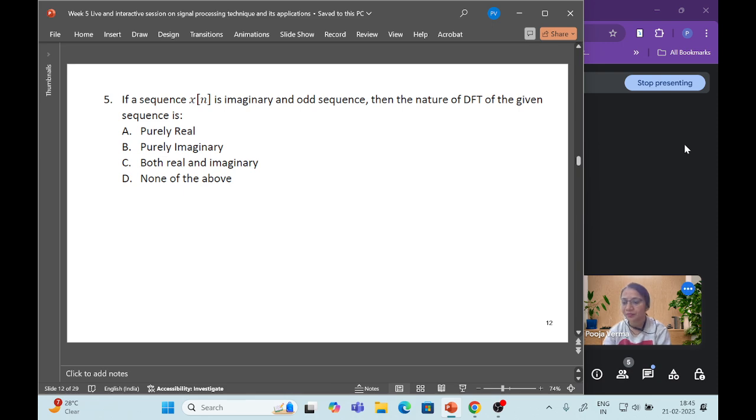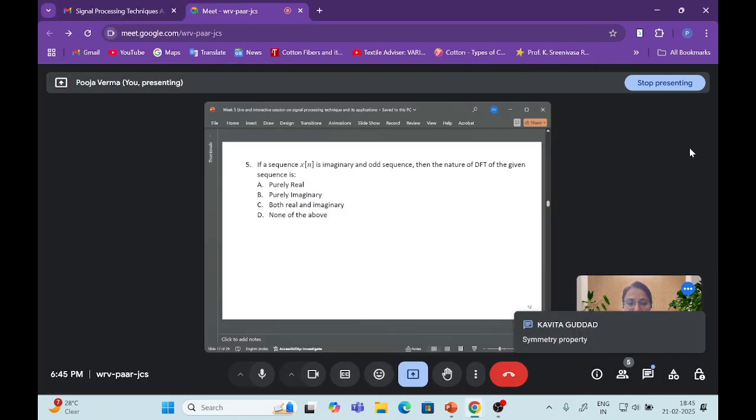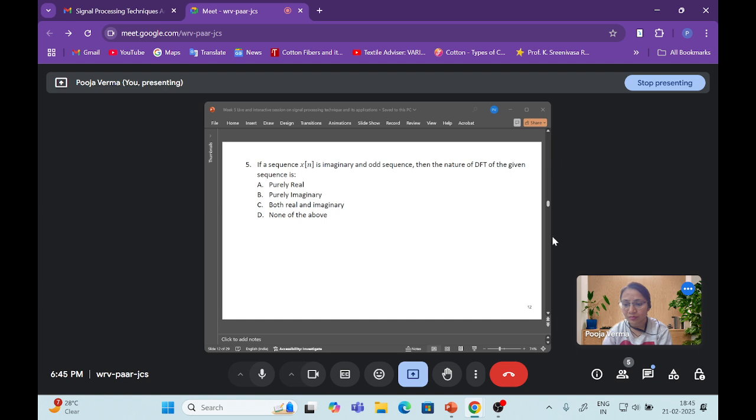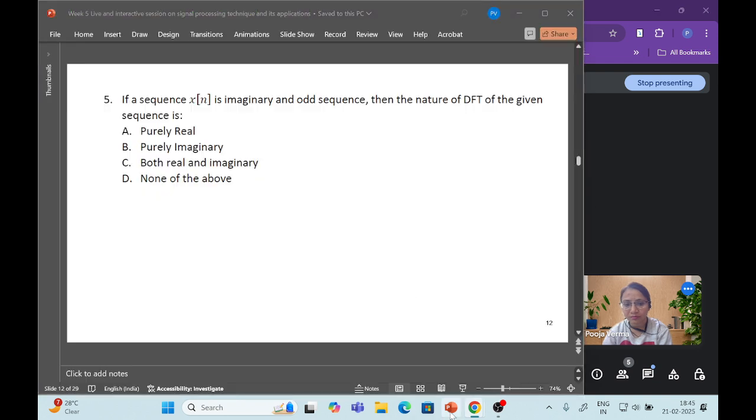Okay, let's see. Here they have said that if a sequence is purely imaginary and odd, symmetry property. No, not from there. Actually, we know that x of n is a combination of real and imaginary parts, x r of n plus j x i of n, right?